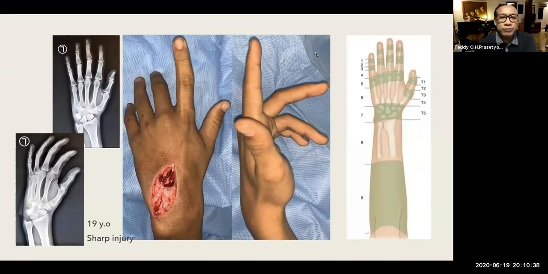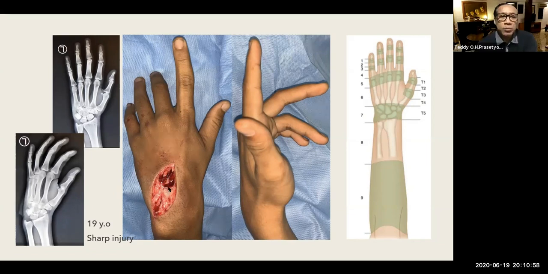Then if you remember, with this cut, we can consider that deeper structures may also be involved in the injury. The X-ray here shows us that nothing happened to the bone, but it's very obvious to see the cable rupture.